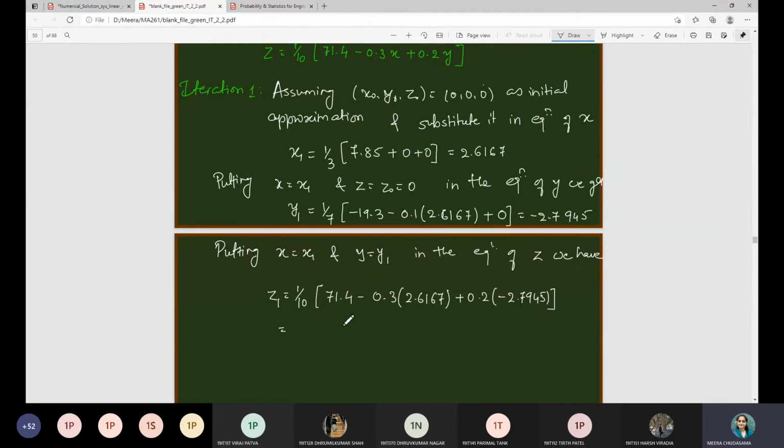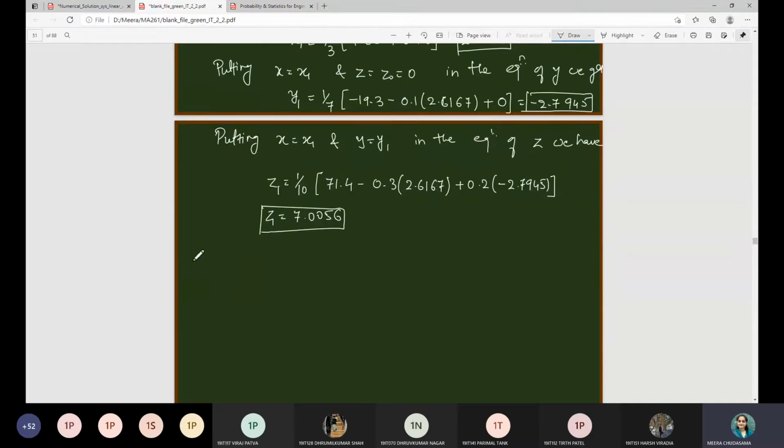So tell me what you will get. 7.0056, that is correct. आप लोग ब्लॉक कर सकते हो आंसर्स को, so that while finding out the values you can easily find out that what is the previous evaluated value, right? So this is what the x1, y1, z1 you have.